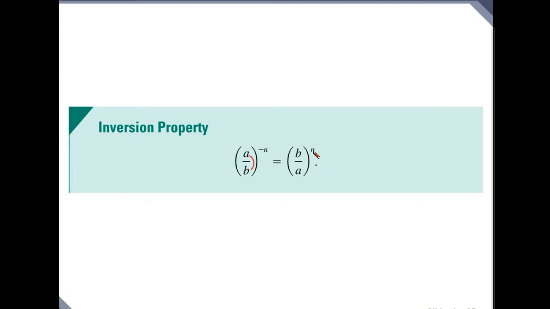So once again, it's called the inversion property. If you have a fraction that's to the negative exponent, to get it to the positive exponent, just flip, that is, take the reciprocal of this by flipping, and then the exponent becomes positive. A good little technique to remember.